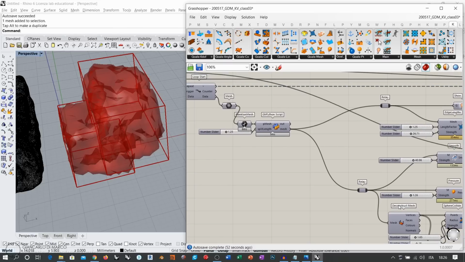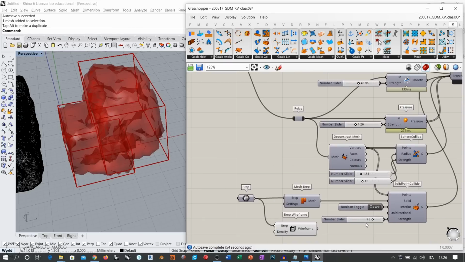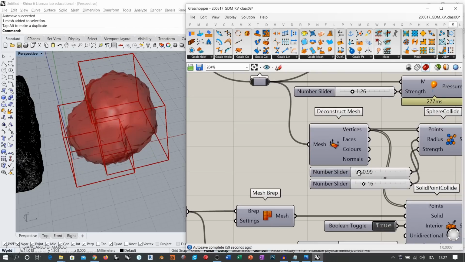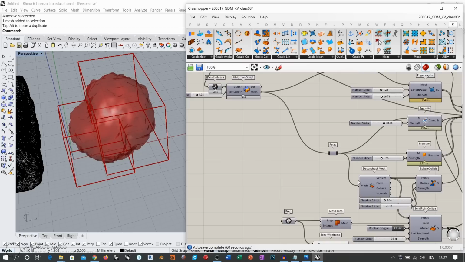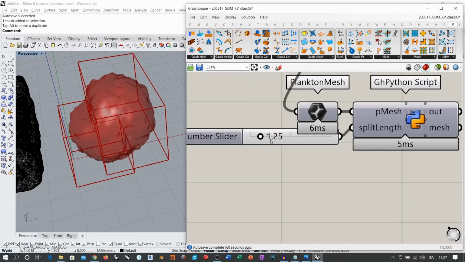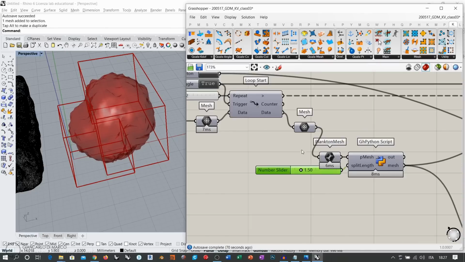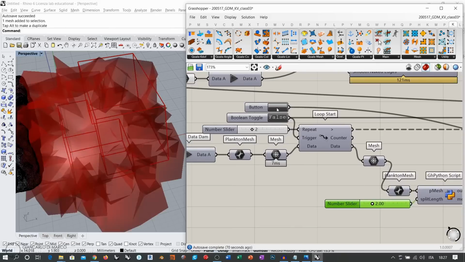So I would say that eventually we can try to use a higher value for the spherical light, like for example something like 1, and eventually increase this split length to 1.5, or eventually also to 2, in order to avoid extreme subdivisions, and let's see what happens.